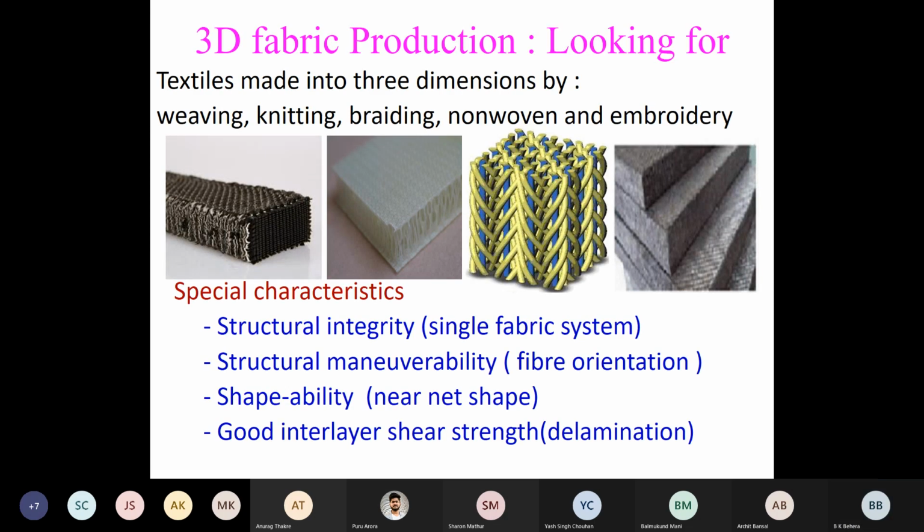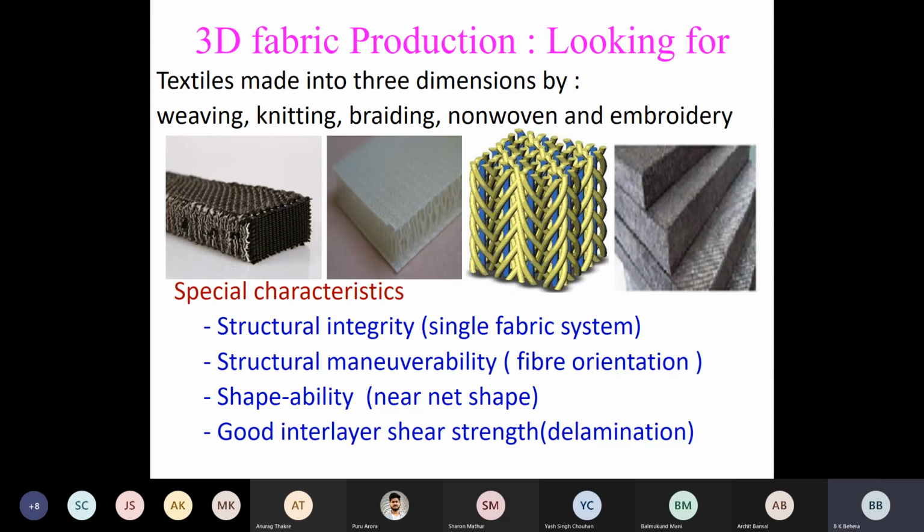Today we will discuss 3D solid structure. If you recall, in the very first lecture I said 3D fabric manufacturing is possible by weaving, by nonwoven, by braiding, and also by knitting.